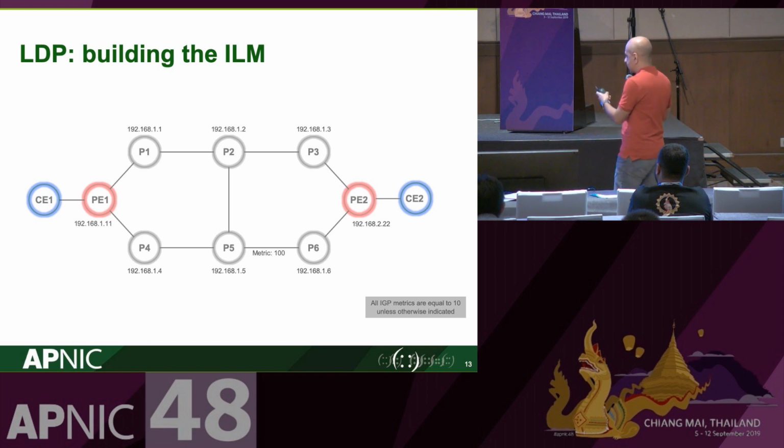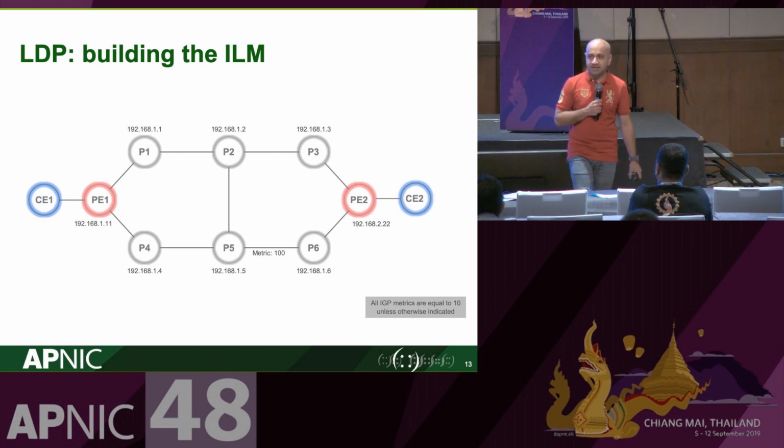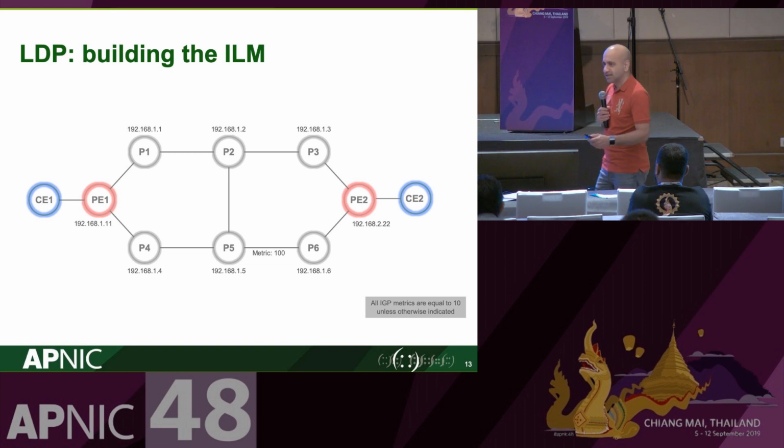And we also see that all the IGP metrics are equal to 10 unless otherwise indicated. So this one here has a metric of 100 for whatever reason. It could be a low speed link, it could be a high latency satellite link, it could be a dial-up link. I mean, let's hope not, but it could be anything. But it's a slower link, so we do not prefer it.